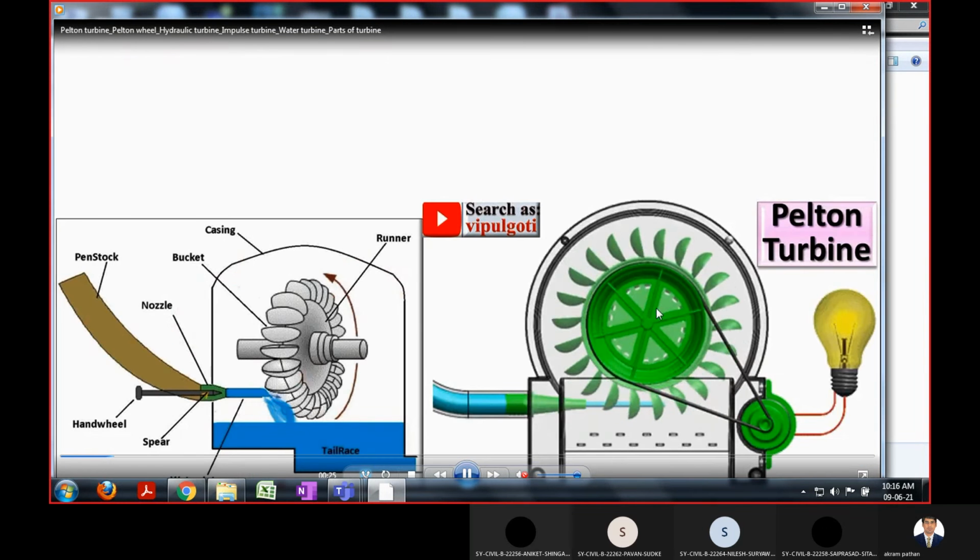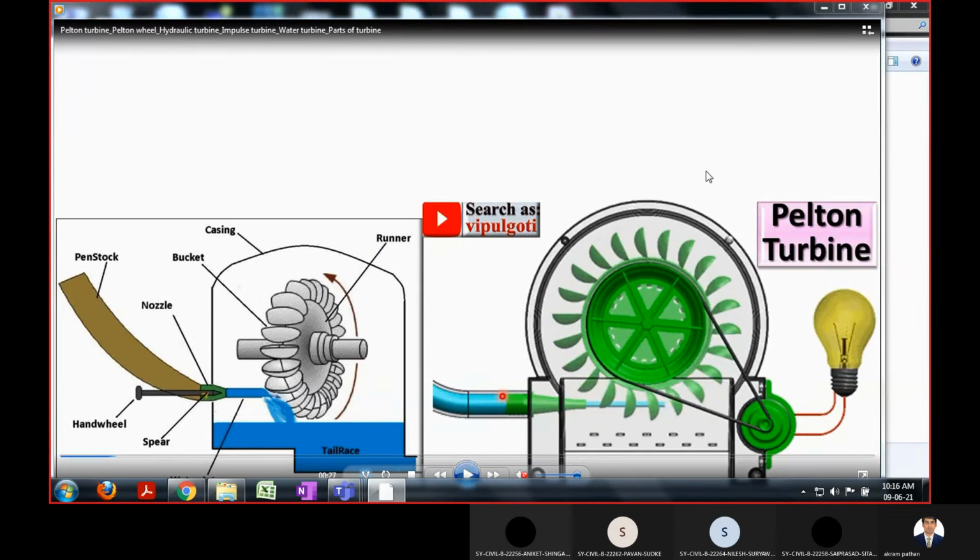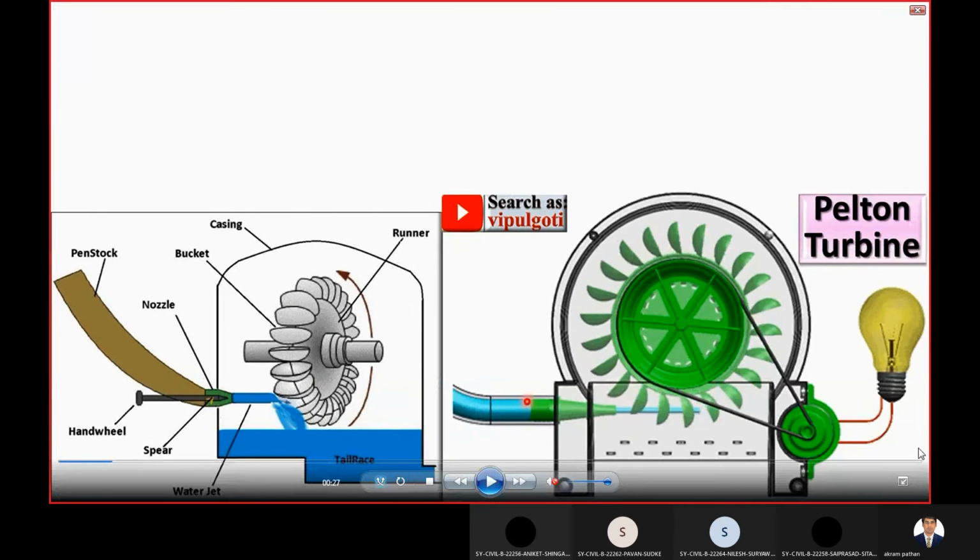Now see here, the slide is visible to all of you. Okay. Now see here, this is the Pelton wheel turbine.